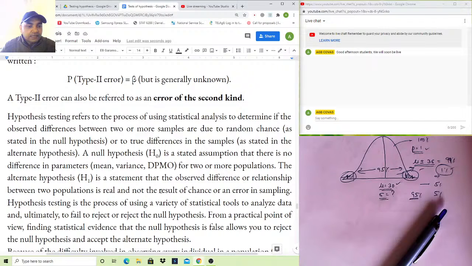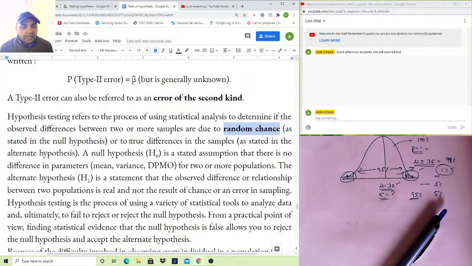Hypothesis testing refers to the process of using statistical analysis to determine if the observed differences between two or more samples are due to random chance or true differences in the samples, as stated in the alternative hypothesis.